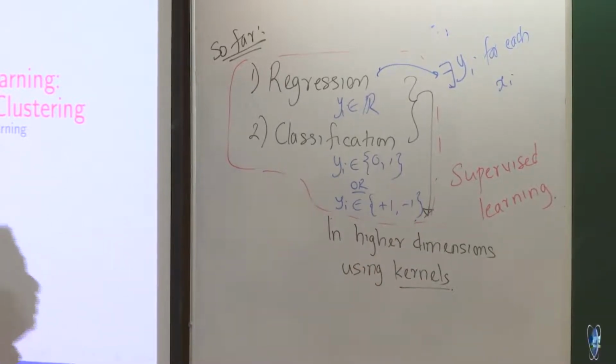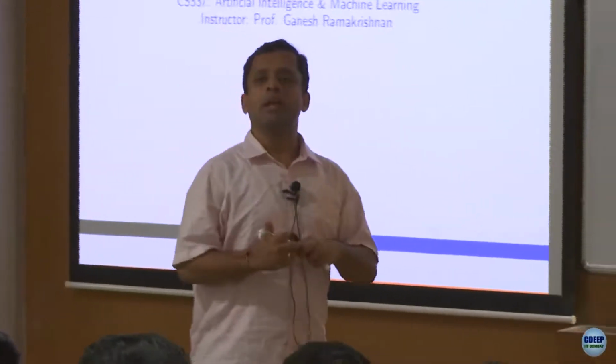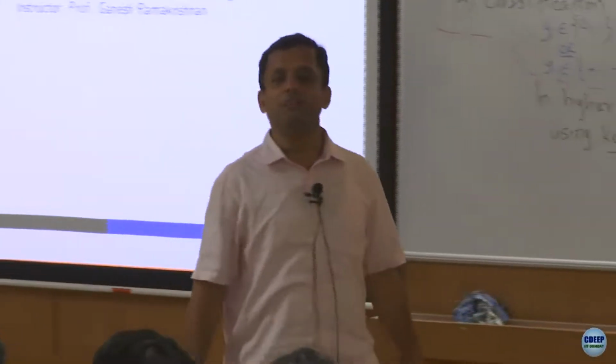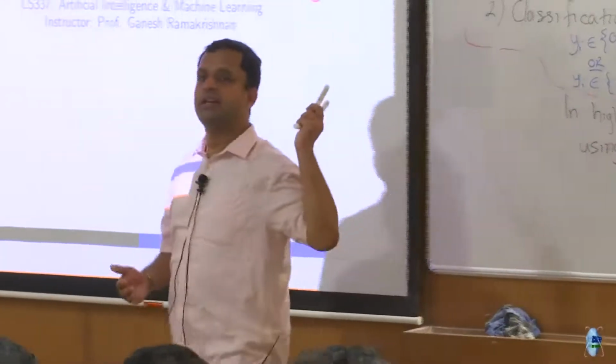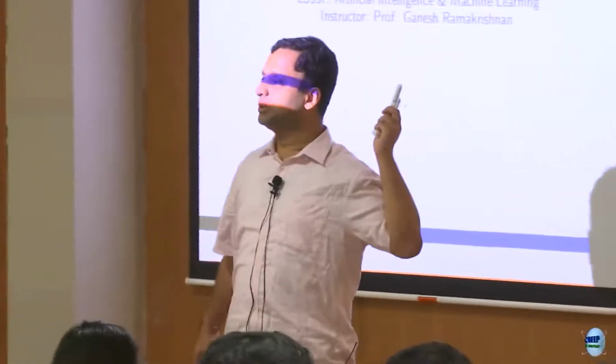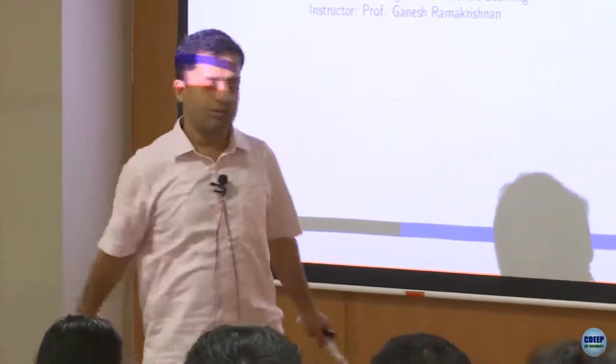I'll deal with two examples of unsupervised learning, and unsupervised basically means that you don't really have the ground truth yi's associated with xi's. You are basically given xi's. What can you do with xi's?